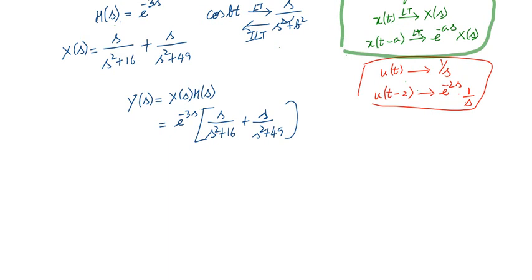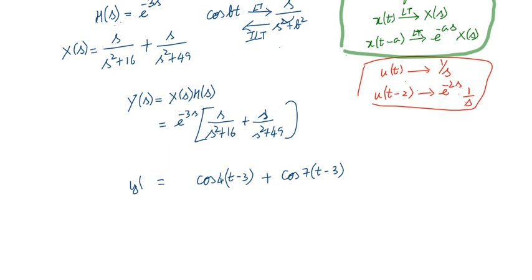So I can write this as cos 4t. Now what is happening? The t is shifted by 3 time units, so it is cos 4 times t minus 3. For the next term, it would be cos 7 times t minus 3.